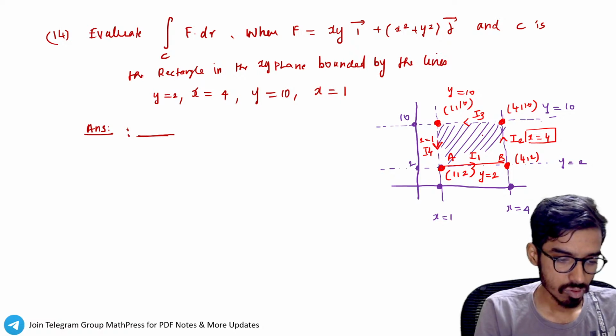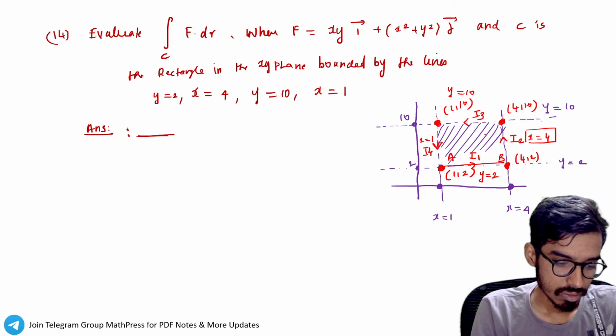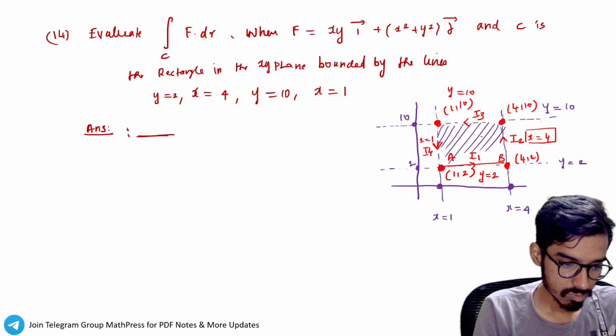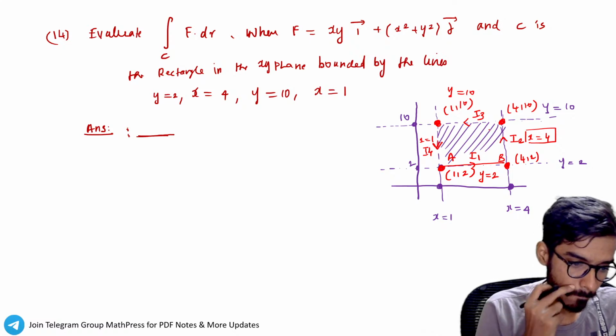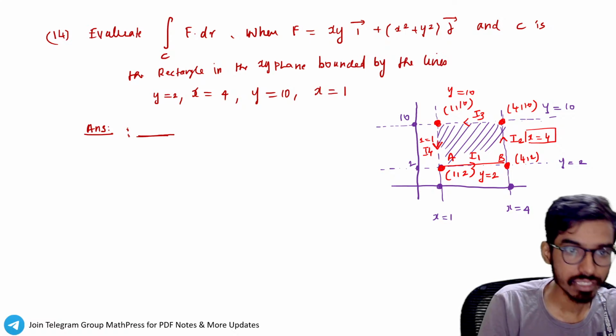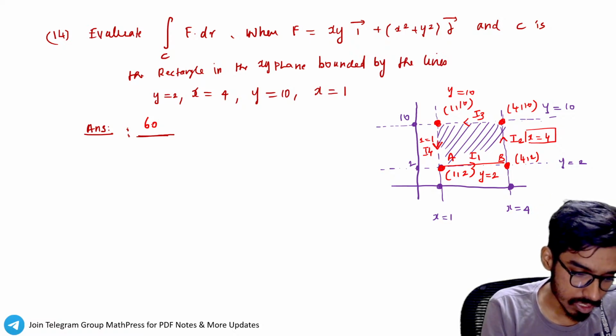So you just have to evaluate this integral, right? So I think I have covered almost all problems on line integrals. Here you will get the answer to be equal to 60.